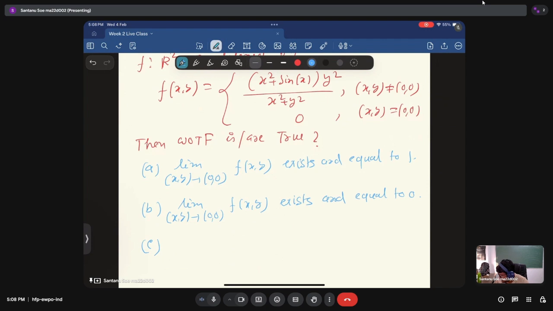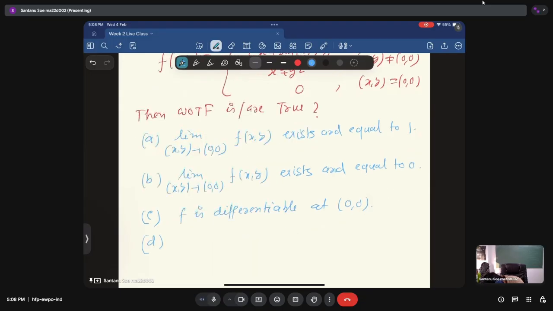And the next option is f is differentiable at (0, 0). And the fourth option is f is not differentiable at (0, 0).